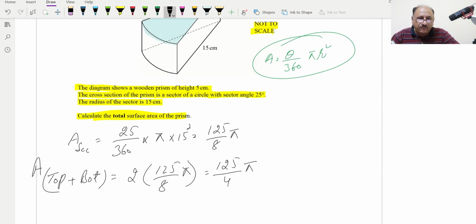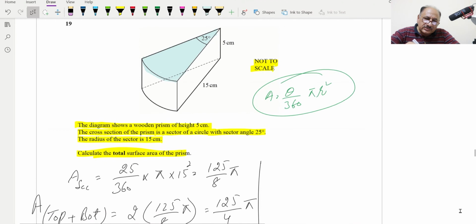Now we can find the side area also. Side area will be basically this area which we are talking about. These are two side areas which we will consider.